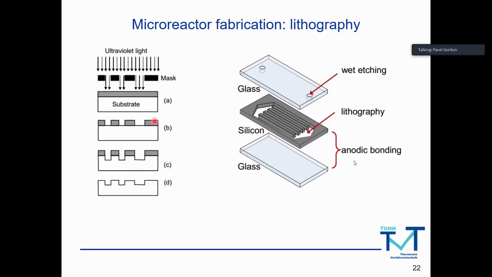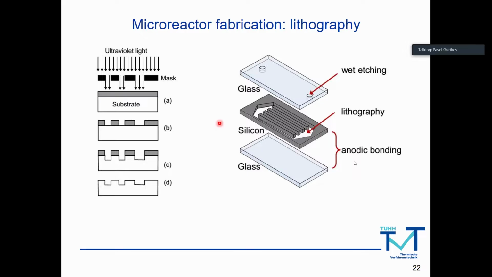those zones which are not protected by the photosensitive compound. So you create cavities like this, and then you remove this photosensitive compound, and you are left with a pristine substrate which has, in a very defined way, the cavities and channels your mask had.